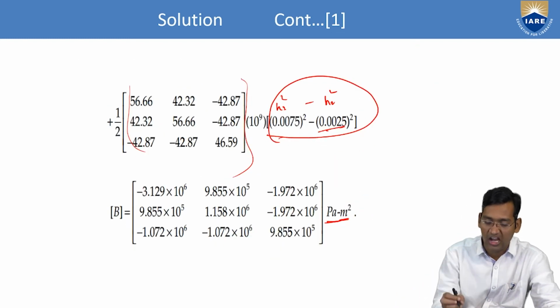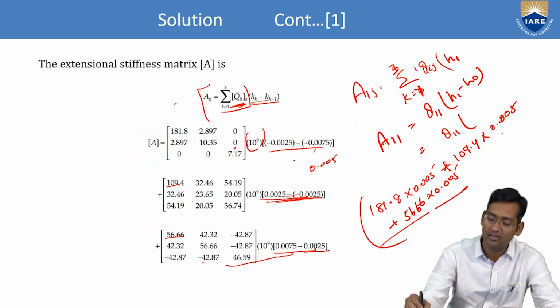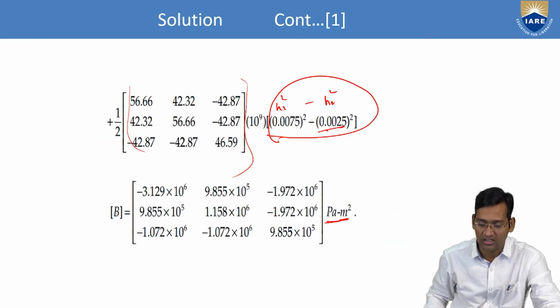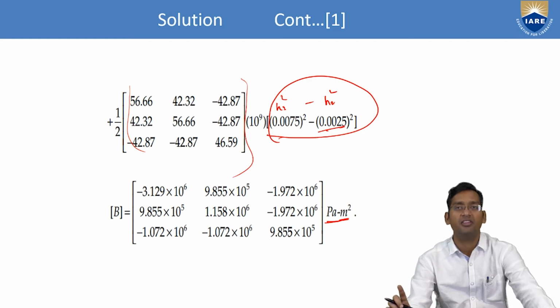Okay, so now after finally saying it this way, you can multiply all the terms, and then you can add them using matrix addition. Each element will add at the same position.